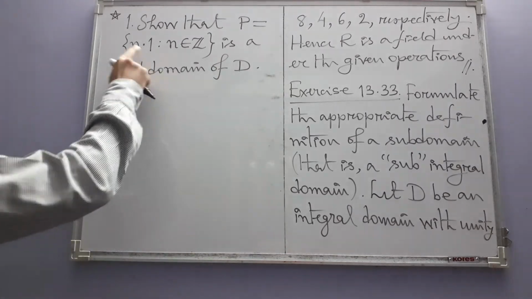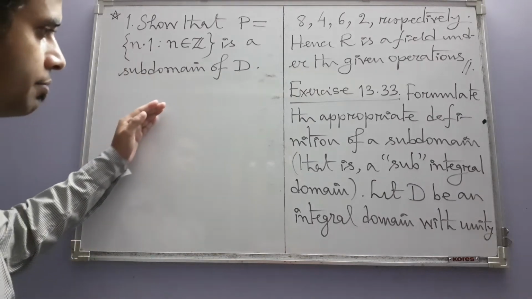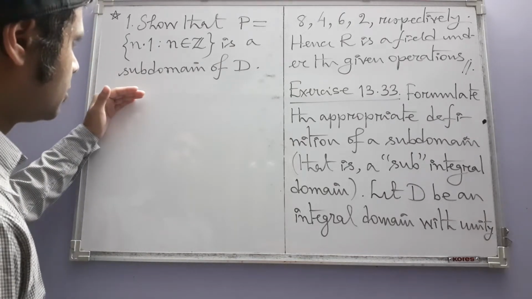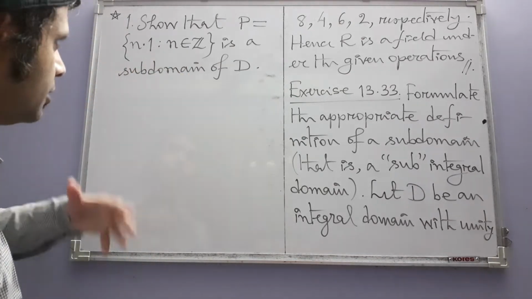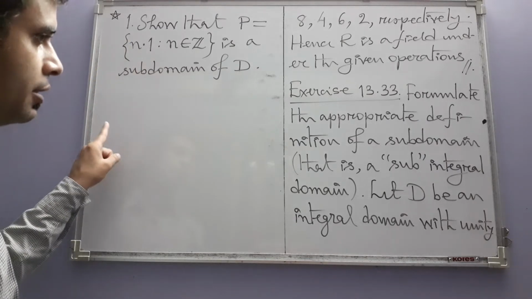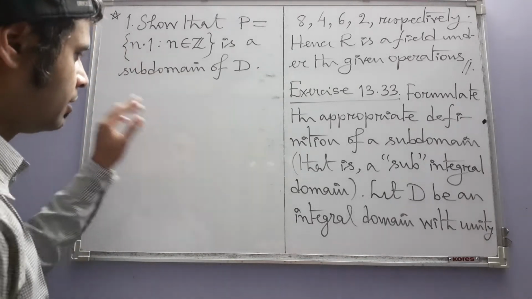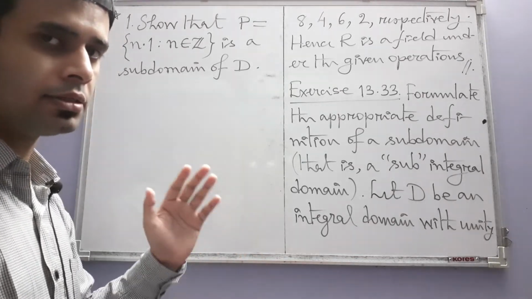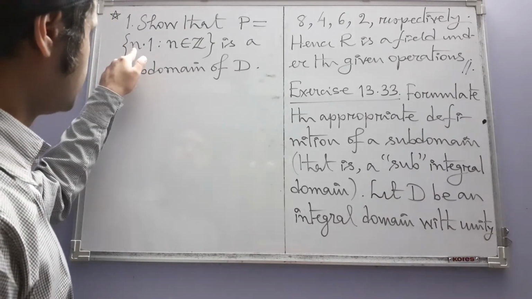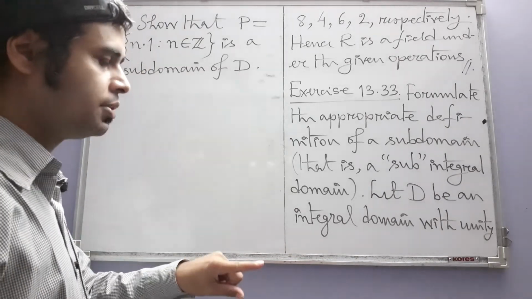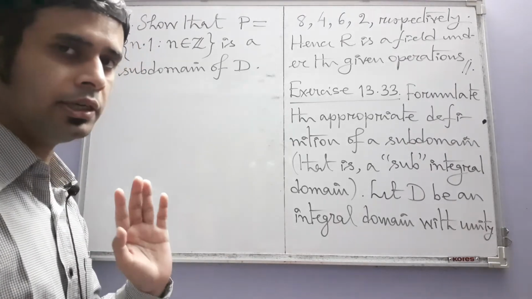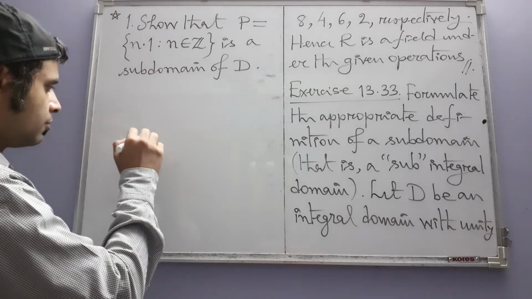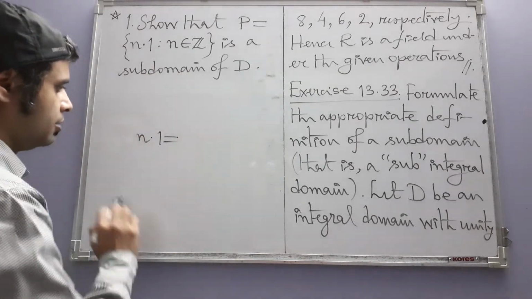You understand what n dot 1 is. We have this thing in the beginning of this chapter on rings, in the beginning of this ring theory part. n dot 1 is 1 plus 1 plus 1, n times, taking the sum of n number of ones when n is a positive integer. 0 dot 1 is by definition the zero element in the ring, and if n is negative, then n dot 1 has this meaning.